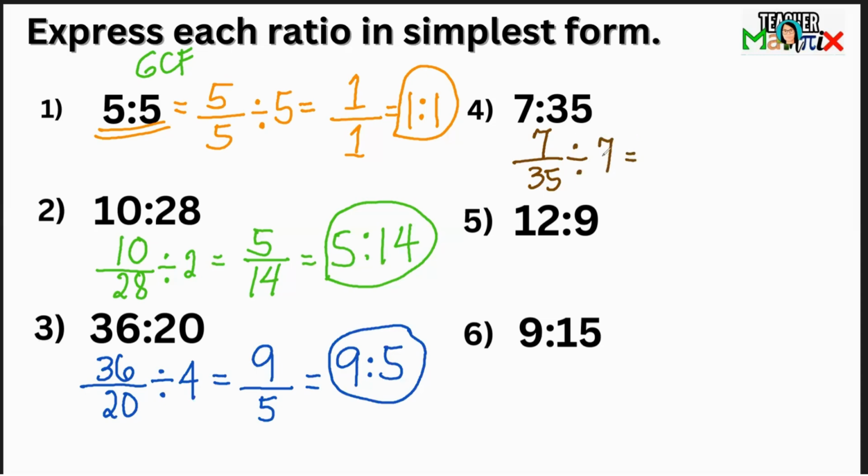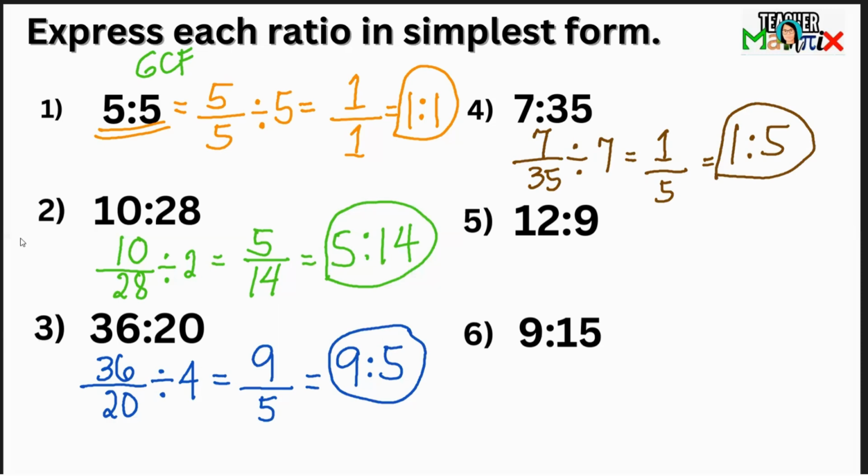So, 7 divided by 7, we have 1. 35 divided by 7, we have 5. Equals 1:5. Yan yung final answer natin sa number 4.